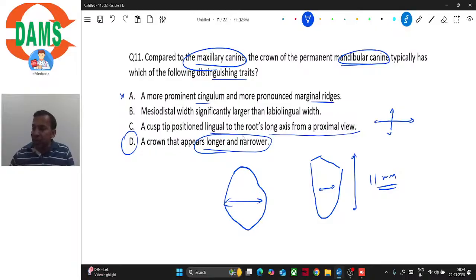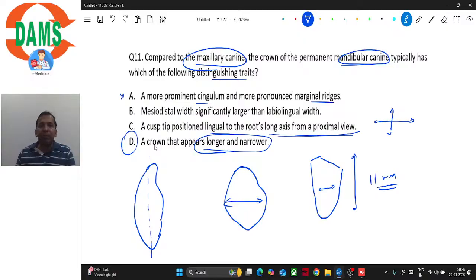And a cusp position lingual to the root's long axis from a proximal view. When you look at it from the proximal view, you would notice that yes, the incisal edge is indeed positioned lingual to the bisector line, isn't it?